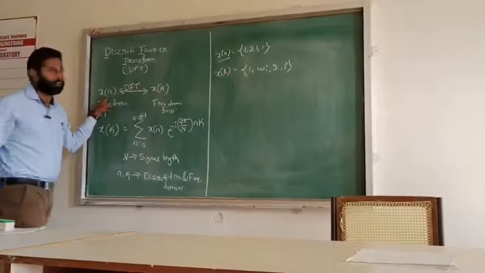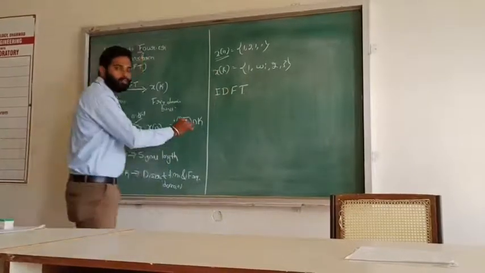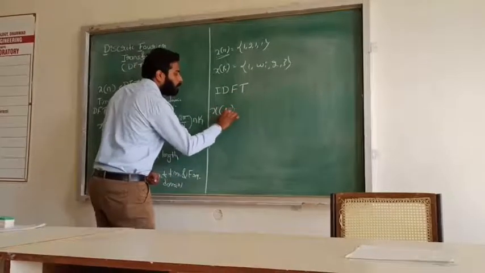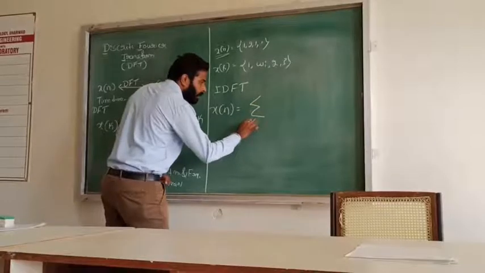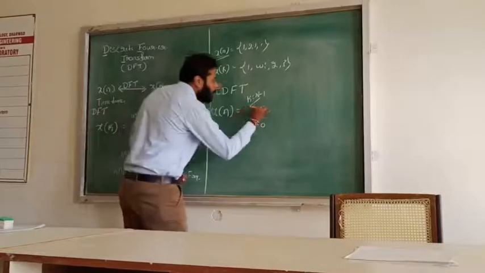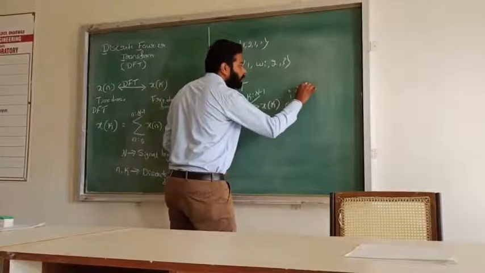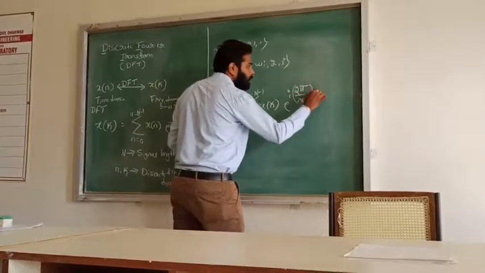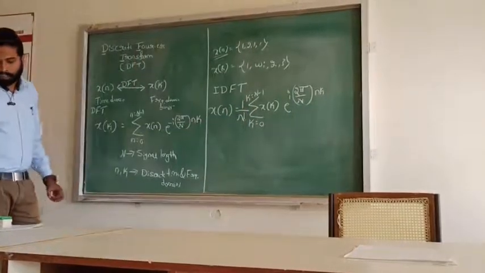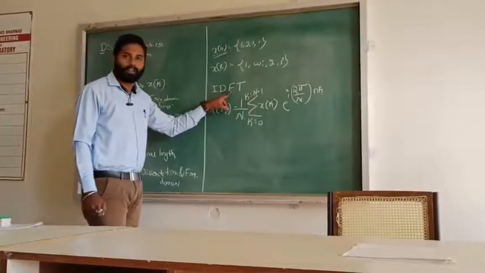That is called IDFT, inverse discrete Fourier transform, and it is given by x of n is equal to summation k is equal to 0 to k is equal to capital N minus 1 x of k e raised to plus I 2 pi divided by N into n into k, multiplied by 1 by capital N. This is the inverse discrete Fourier transform.